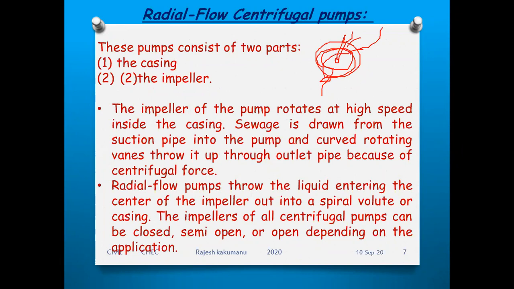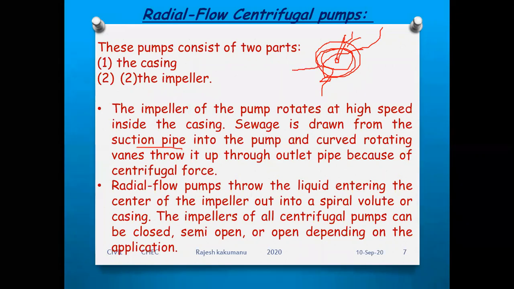Here the sewage is drawn from the suction pipe into the pump, and through the curved rotating vanes out through the outlet pipe because of the centrifugal force. Here we have the inlet.